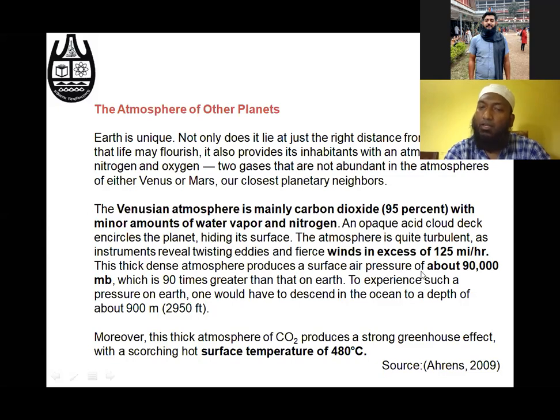Can you remember it? We have only 1013 millibar on the surface. But if you see the air pressure on the Venusian atmosphere, it is 90,000. That means huge, which is 90 times greater than Earth.